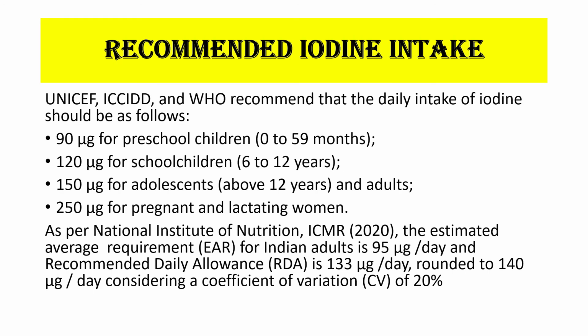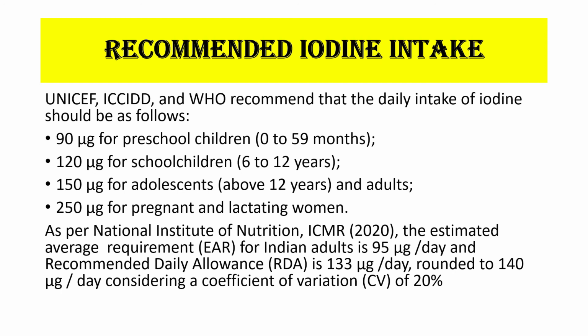As per the recommendations, a preschool child under 5 years of age requires around 90 micrograms per day, while a 6 to 12-year-old school going child requires 120 micrograms, and an adolescent and adult require 150 micrograms. However, a pregnant and lactating woman requires 250 micrograms per day.